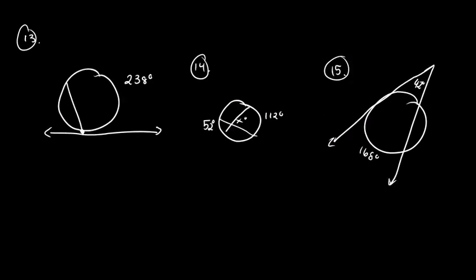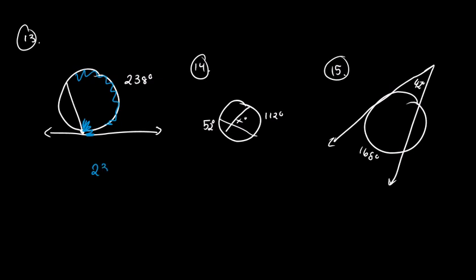For number 13, it asks me to find this angle right here. And we are given this piece of the arc. There is a theorem that says if I have a tangent line that intersects with the chord, then the angle created is 1/2 the measure of that arc.